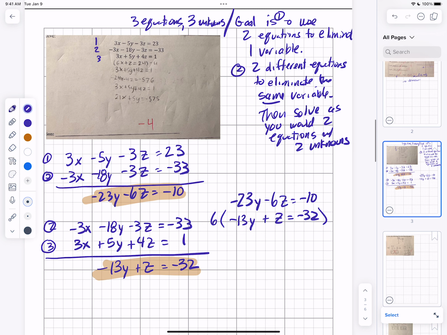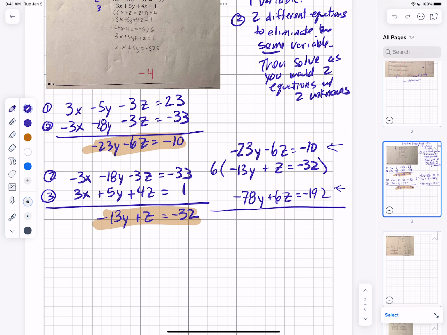So I'm going to multiply this one by 6. So 6 times -13 is -78y plus 6z equals, and 6 times 32 is negative 192.